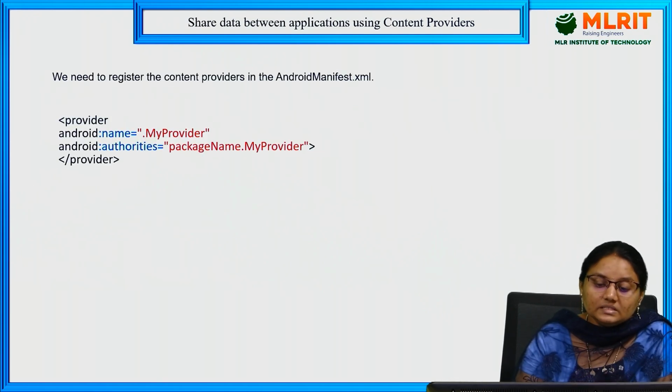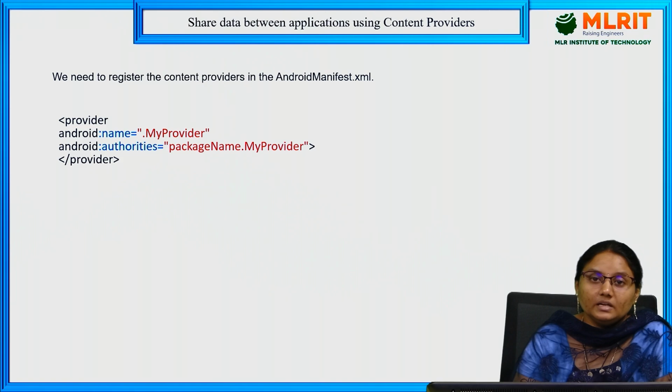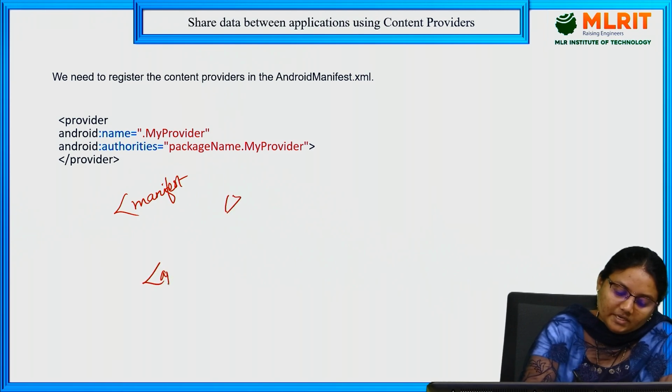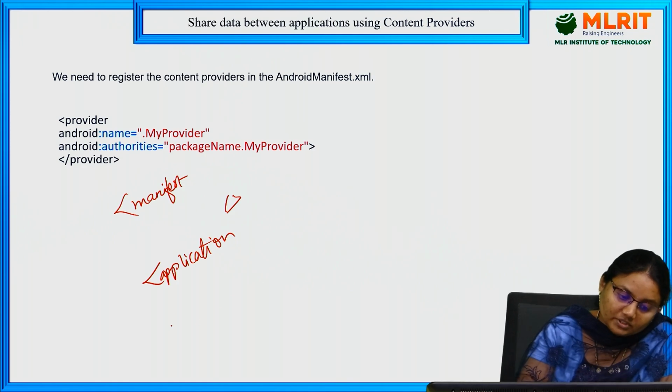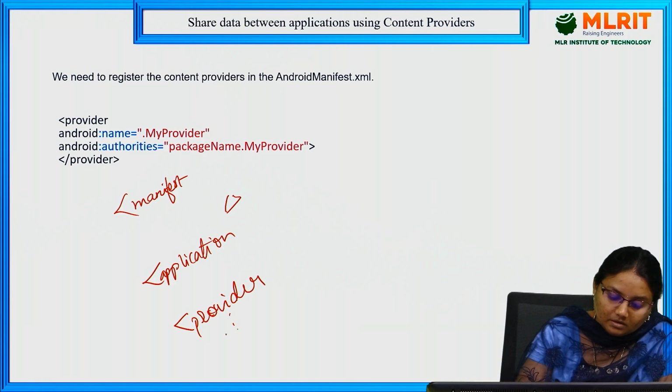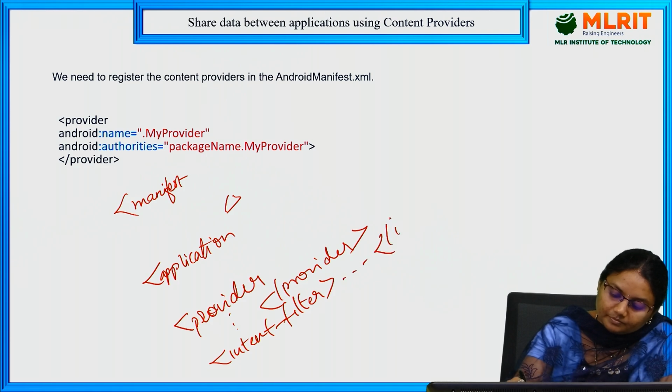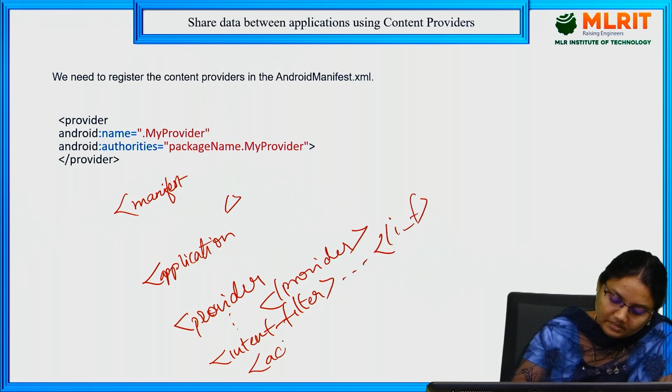We need to register the content providers in the manifest file. In what way? You have the manifest file and you have the application. Before closing your application, you give provider, slash provider, and then you will have intent filter, then activity.